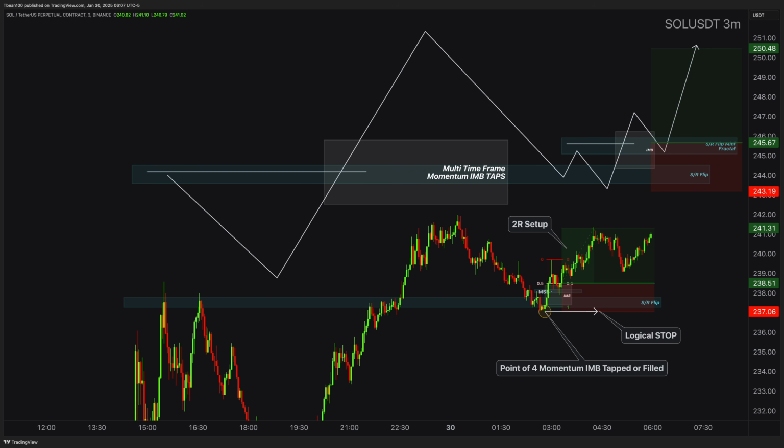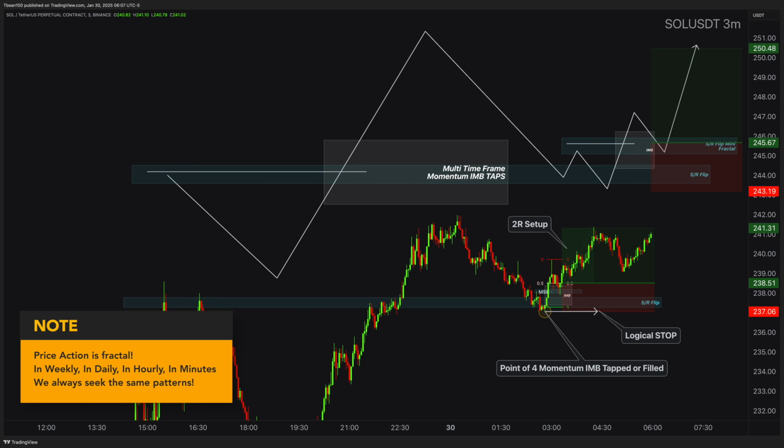A market structure breaks with a small fractal support and resistance flip and imbalance. You see, all price action is actually fractal. In the weekly, in the daily, in the hourly, or in the minute-based charts, I always seek the same things.